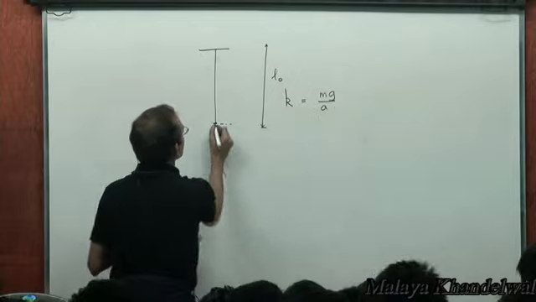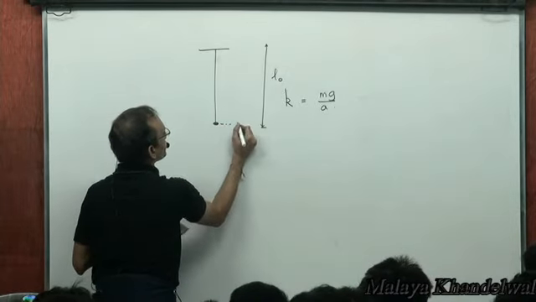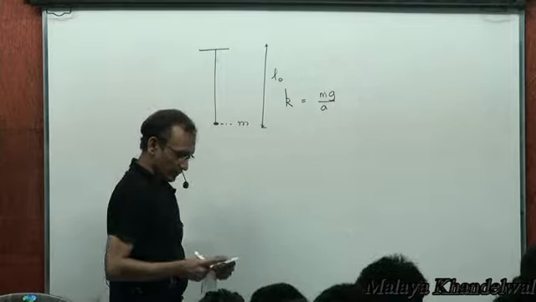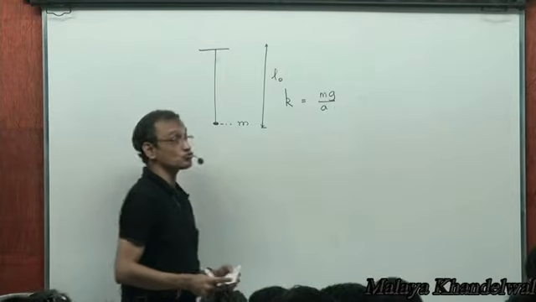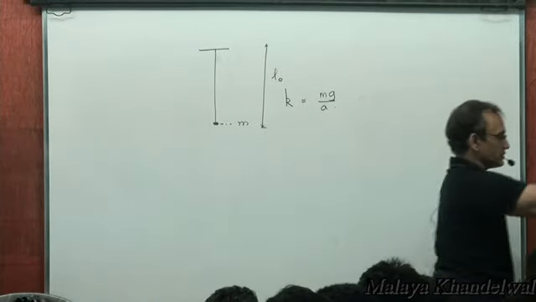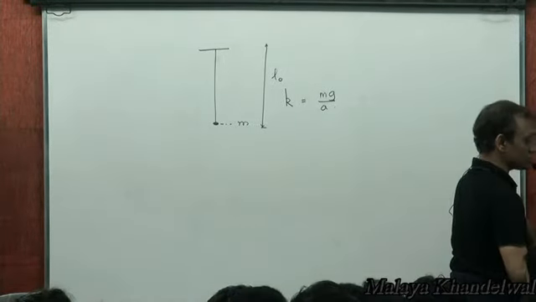And there was a mass m hung here. Find the kinetic energy of the block when it passes through the equilibrium position. Now, need to understand what the equilibrium position is.